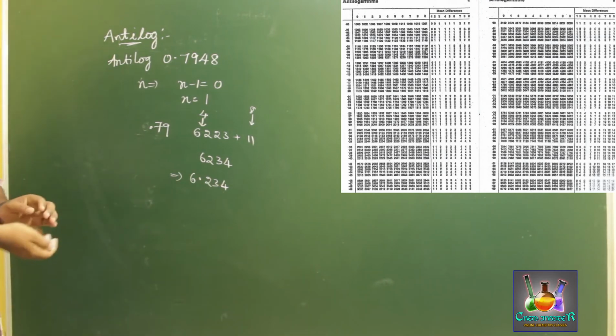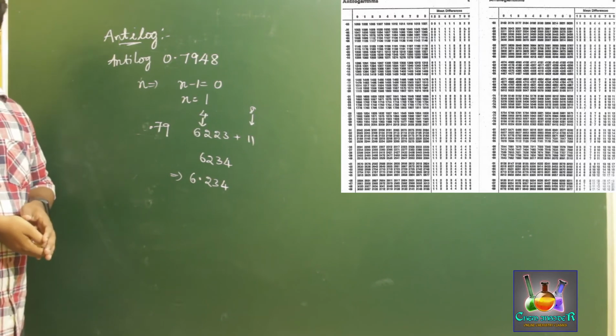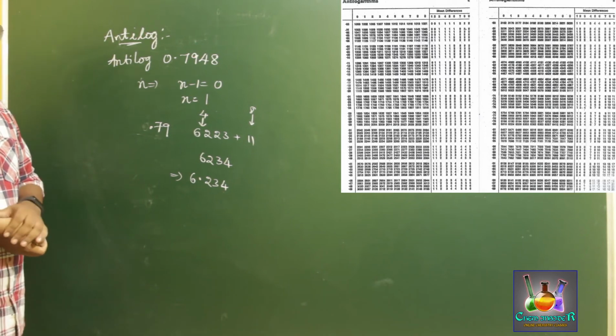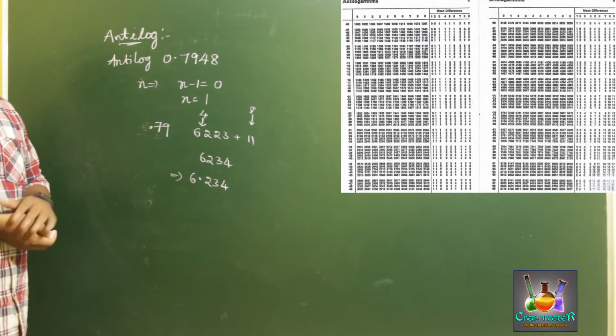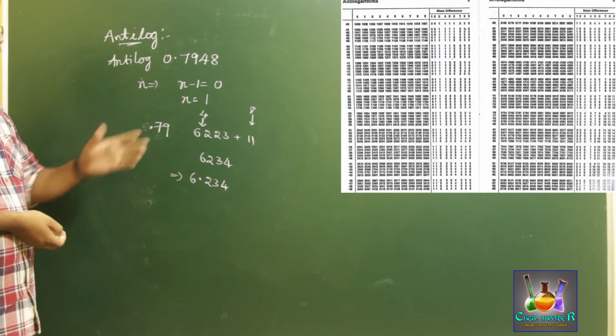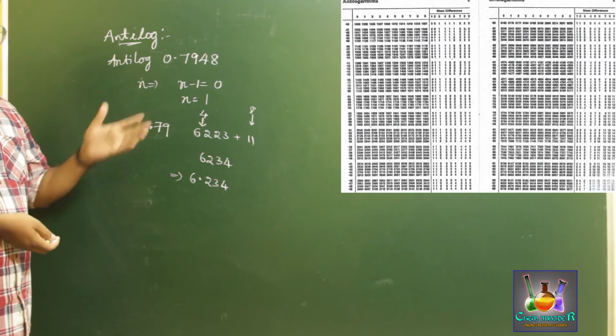Observe one thing. Sometimes the log table which I am using might have slightly lesser or slightly greater values compared to yours. It doesn't matter; it's almost a similar, approximating answer. For example, if you use Clark's table, you may get 7949 or 7947.